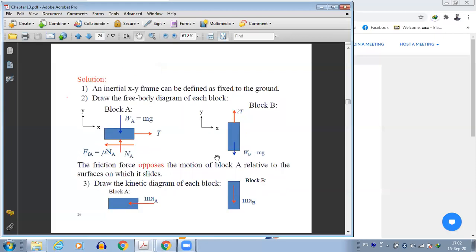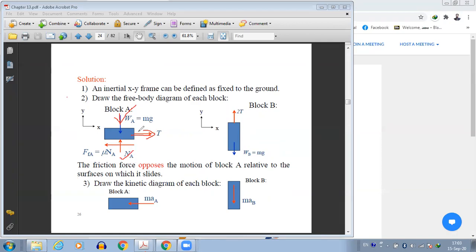If you look at the block, it is connected with the rope, so there will be a tensile force here. The block itself has a weight, which will be acting down. Since the block is resting on the surface, there will be the normal force of the surface.